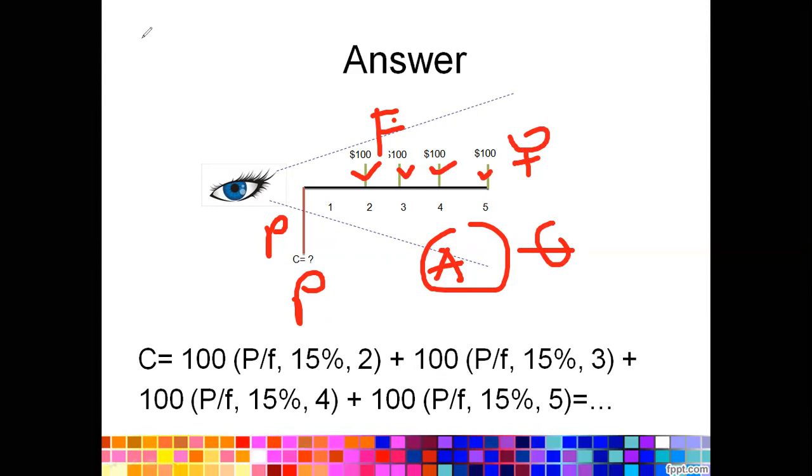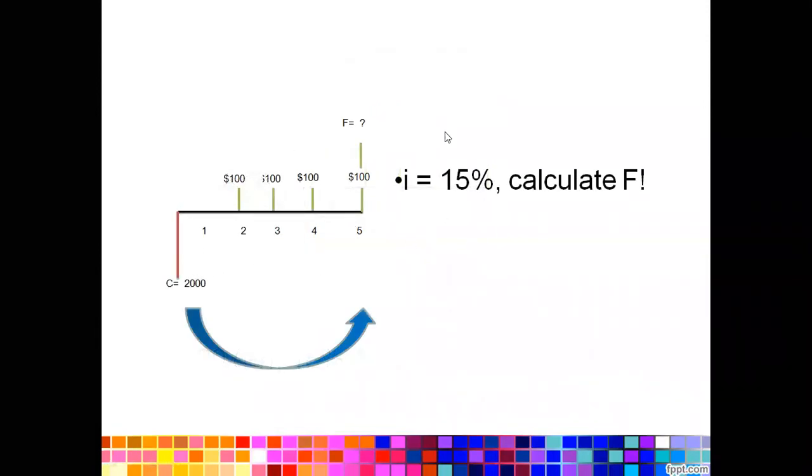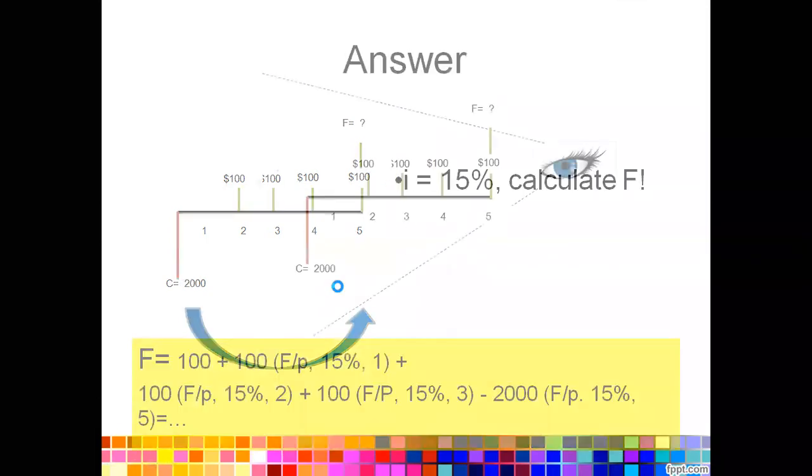So let's continue the calculations. If we change the position to the future, what about the equivalence? The equivalence remains the same, but the number of periods may change because we just switch our eyes to the right side.